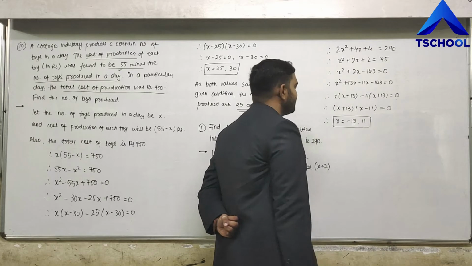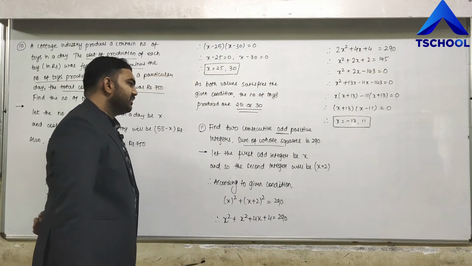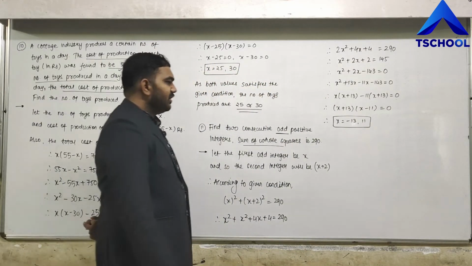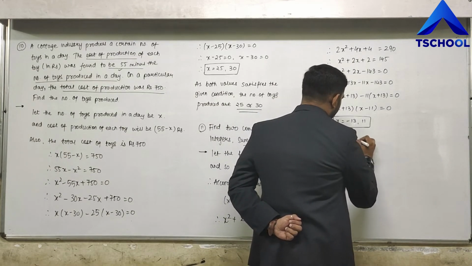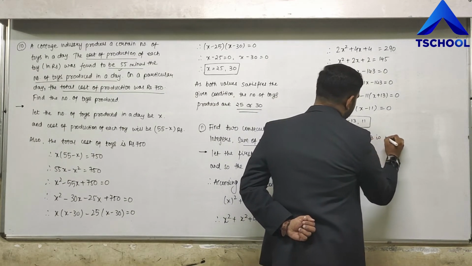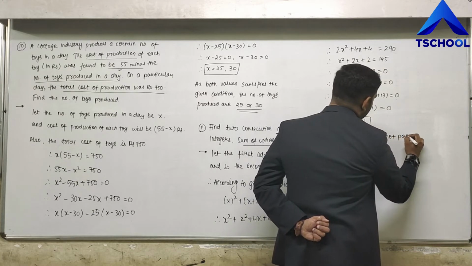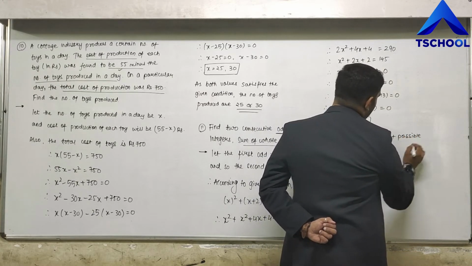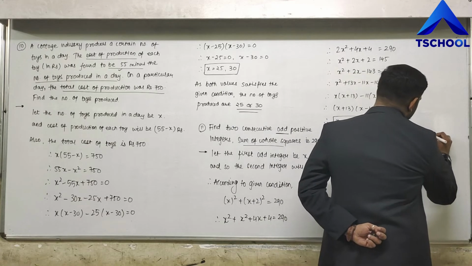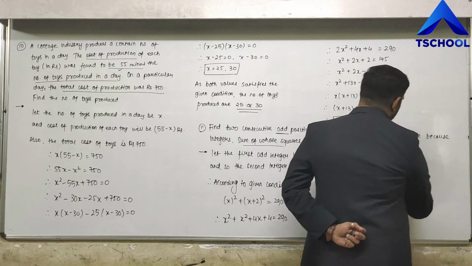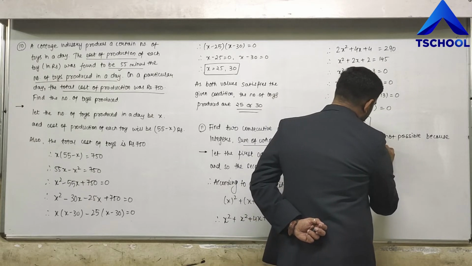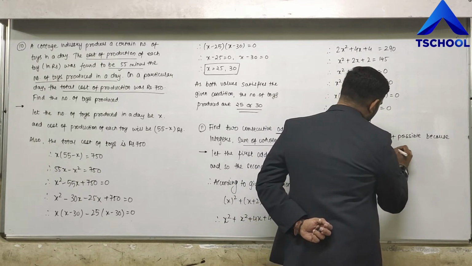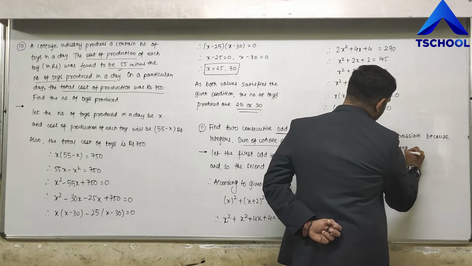We got two values here, x is equal to minus 13 or x is equal to 11, but x equal to minus 13 is not possible. Why? Because it is a negative integer.